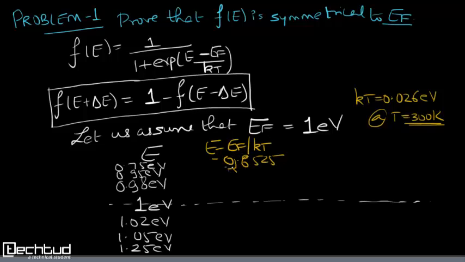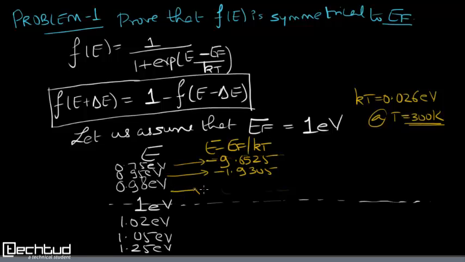minus 3.8610. For 0.98, you will get minus 0.7722. For 0.75 electron volt, the (E minus EF) by kT value will be minus 9.6525. For 0.95 the value is minus 1.9305.